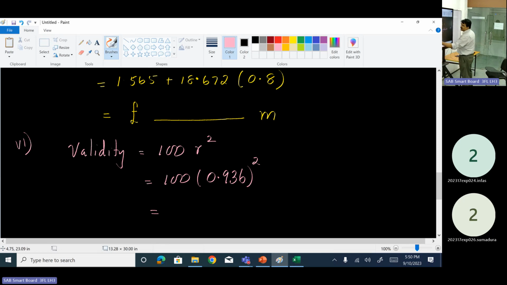So you can evaluate up to 1 decimal place, right? That is 87.6. So you are 87.6% sure. So there is a 12.4% chance of being lost. Okay. So that covers the full thing up to simple regression.